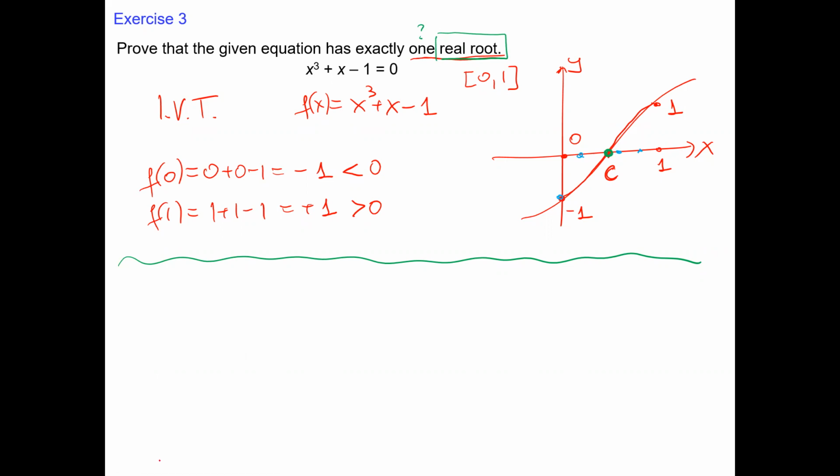So what I will try, we can suppose that it has roots, let's take the value a and value b. So the value at a is equal to the value at b and is equal to 0. That means I'm trying to disprove that we have one real root. I'm trying to prove that we have more.